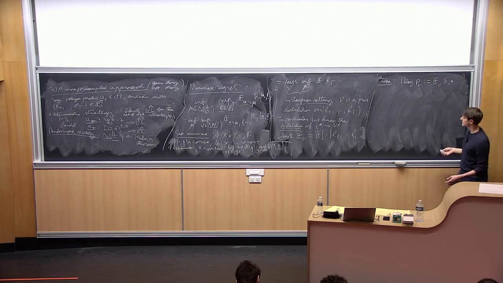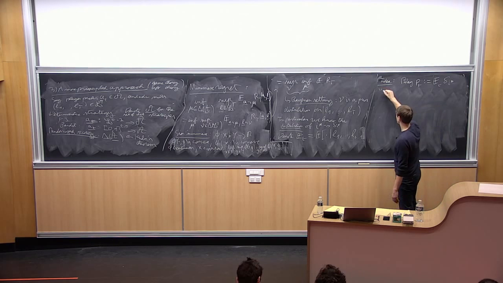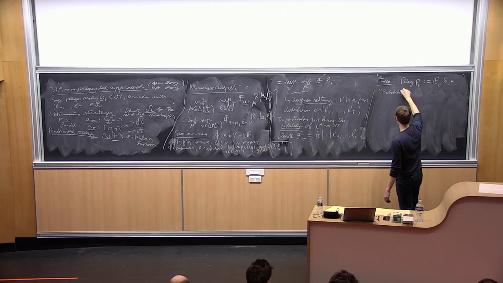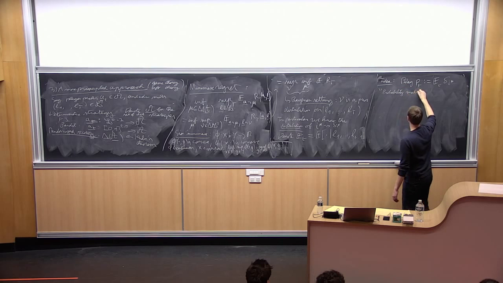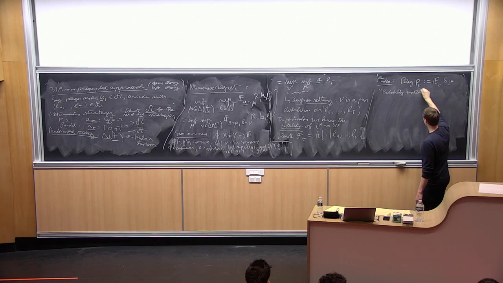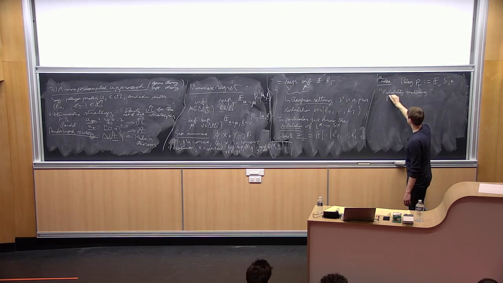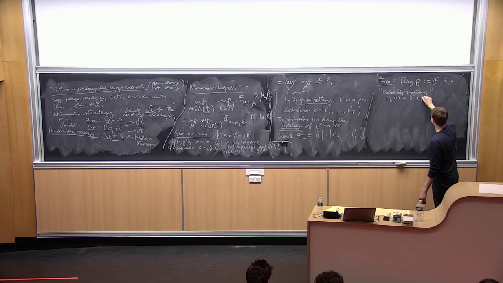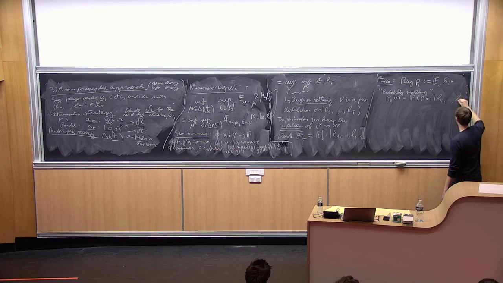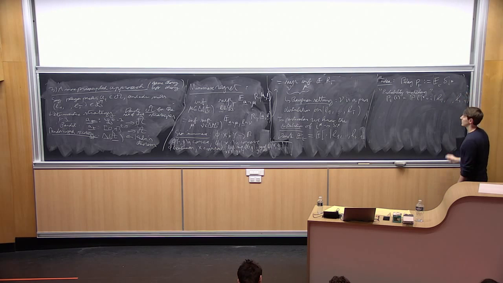But you can also view it as probability matching. What do I mean by this? The probability that you play action I is exactly the probability that I star is equal to I given L1 up to L_{t-1}.